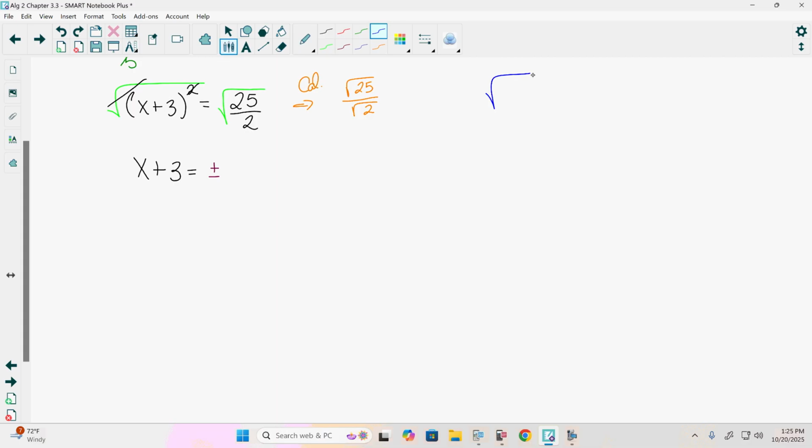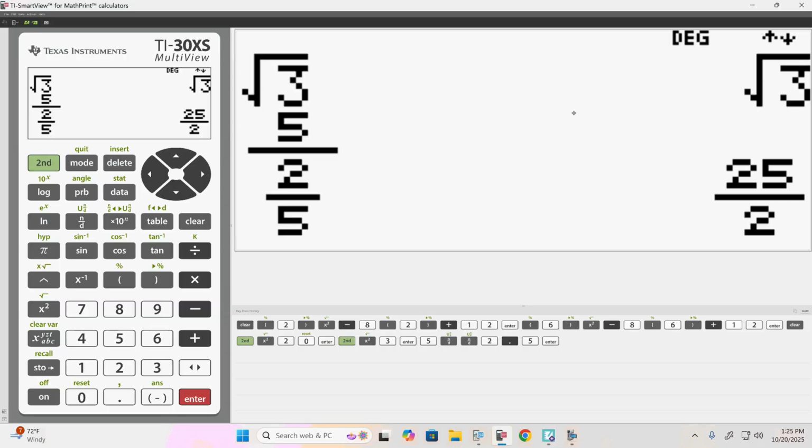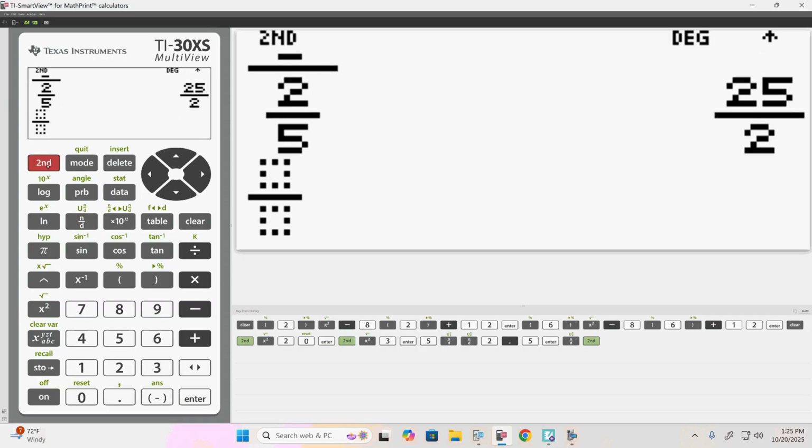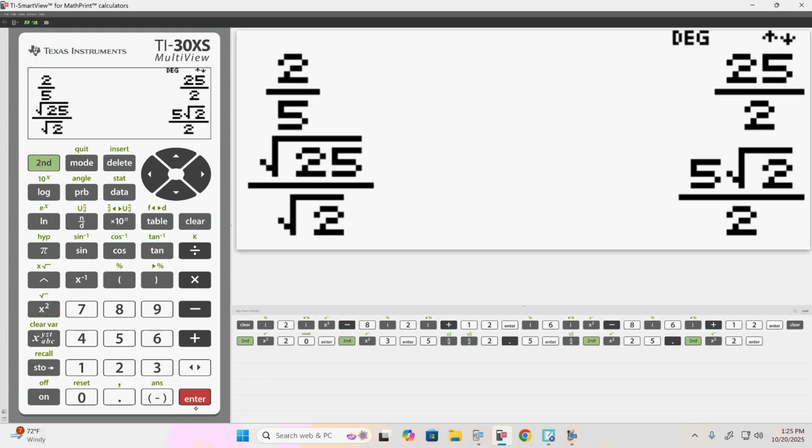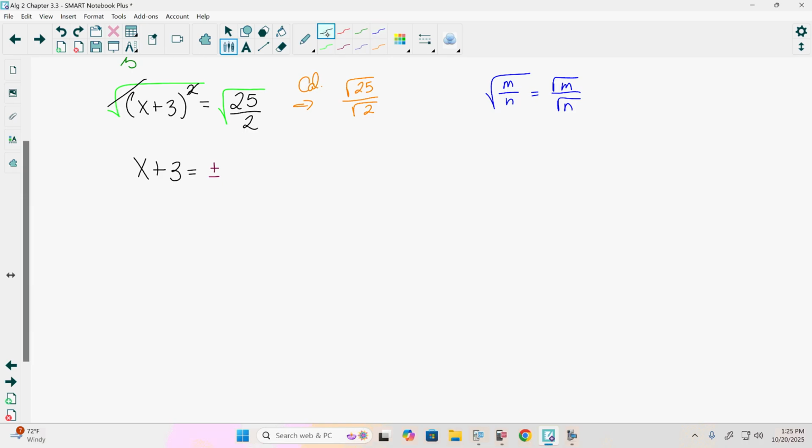Because according to the properties of radicals, the square root of m divided by n is equal to the square root of m divided by the square root of n. Especially if we want this in simplest radical form. So we can type it in as the square root of 25 over the square root of 2. Which tells us that the square root of 25/2 is 5 square roots of 2 over 2.